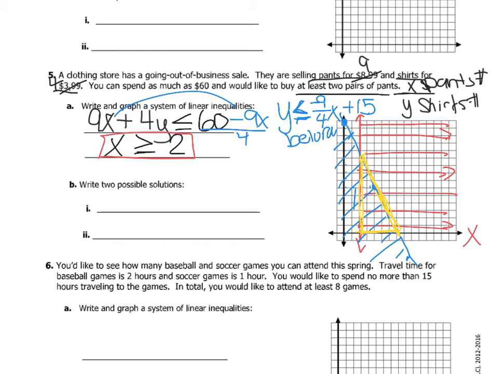And let's label, oops, we didn't label our axis. So X was pants, and Y was shirts. Okay, so possible solutions. Let's pick right here. If we want to use this point, remember this is the origin.